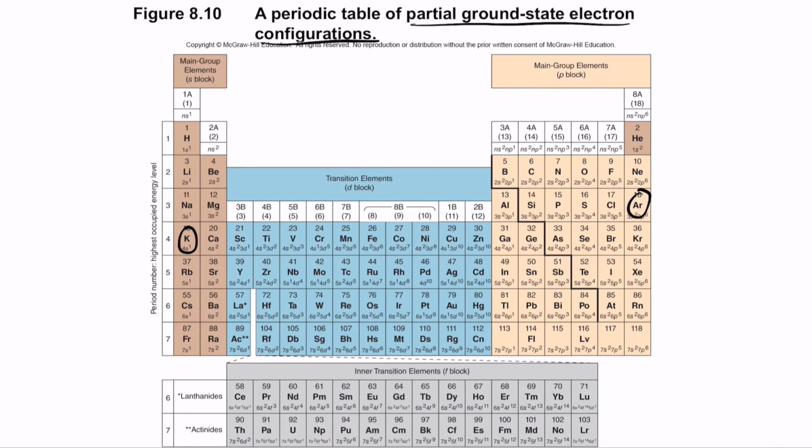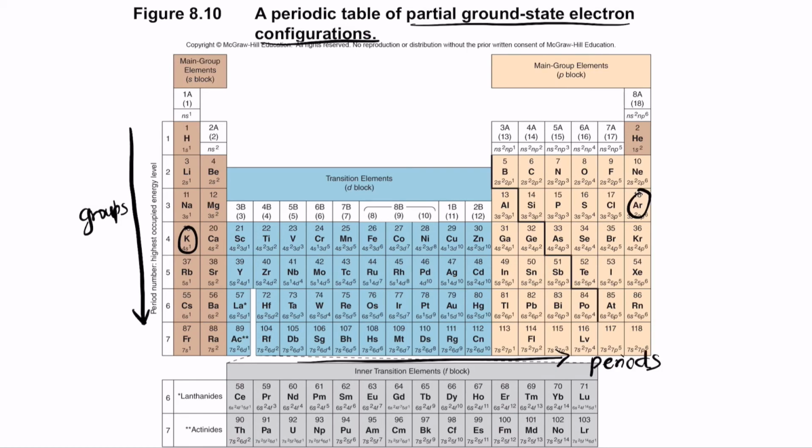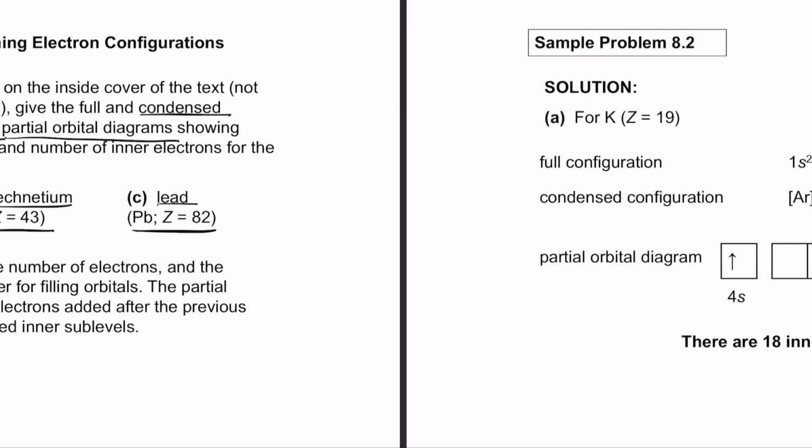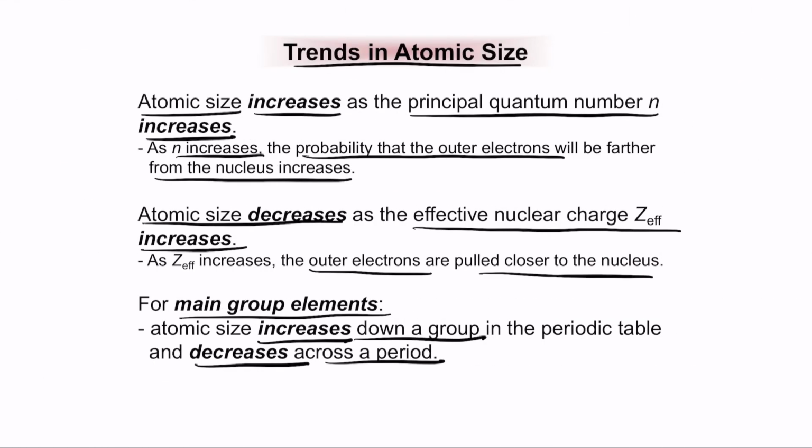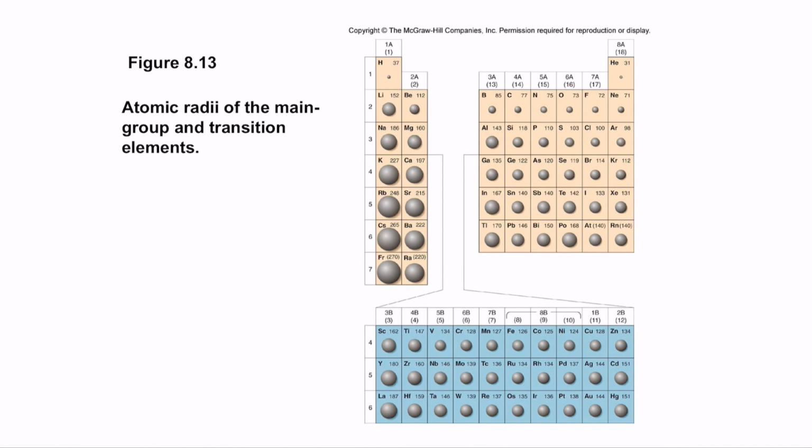In a periodic table, the vertical columns are called groups and the horizontal rows are called periods. Going down a group means from top to bottom, and across a period means from left to right. So for main group elements, atomic size increases when you go down the group, and it decreases when you go from left to right across a period. So this is the common idea here.